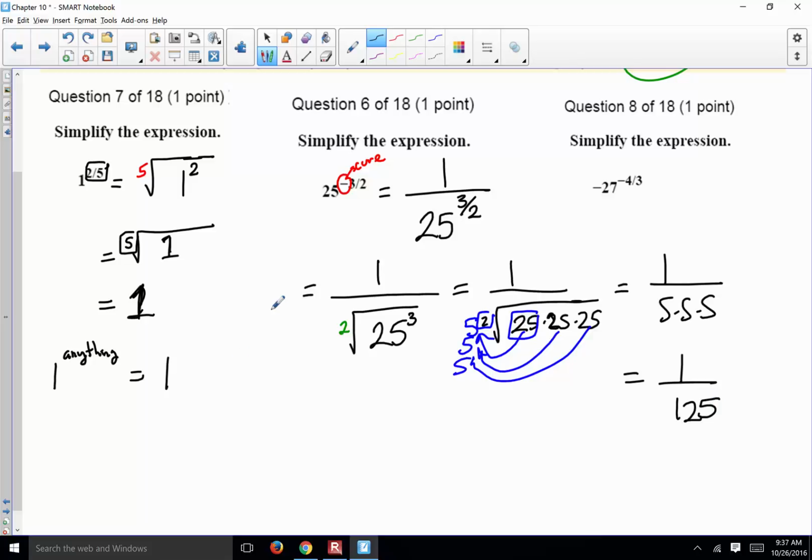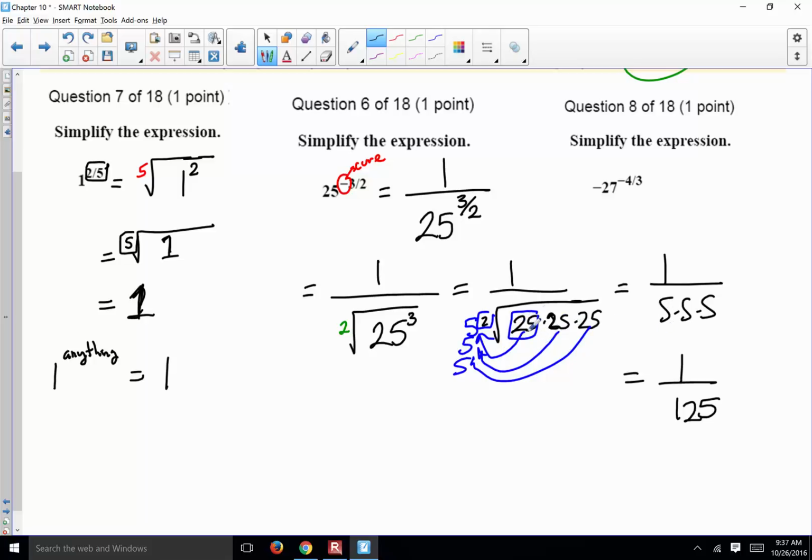You know what? This is how the book does it, okay? But I want to show you an alternative way. Are you ready? I want to show it, but know this way too. Just break this power into each identical terms and then let them escape.